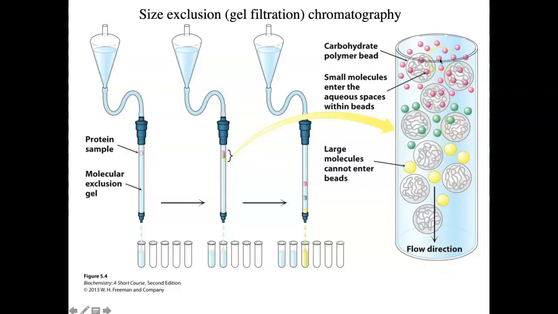And it's not that they have different speed, it's just that they travel different distances. By the way, nothing is unfolded here. The structure hopefully is not disrupted, right? So multimeric proteins will stay attached with multiple subunits together and travel as large proteins. But small proteins come out last.